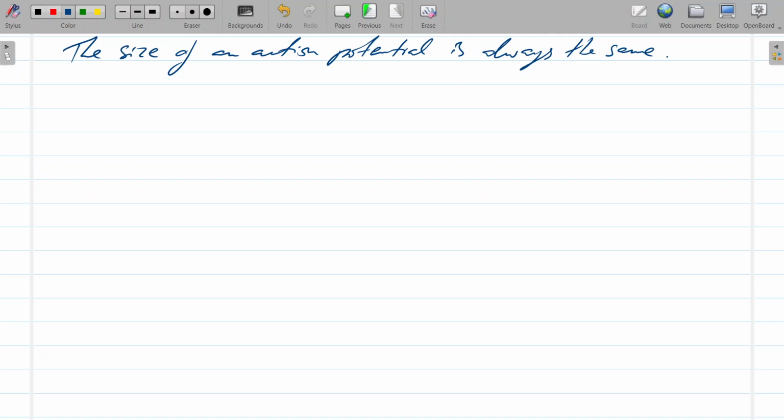Now, something that isn't given in the text, right, if the size of an action potential is always the same, then what constitutes a strong stimulus or a weak stimulus, right?